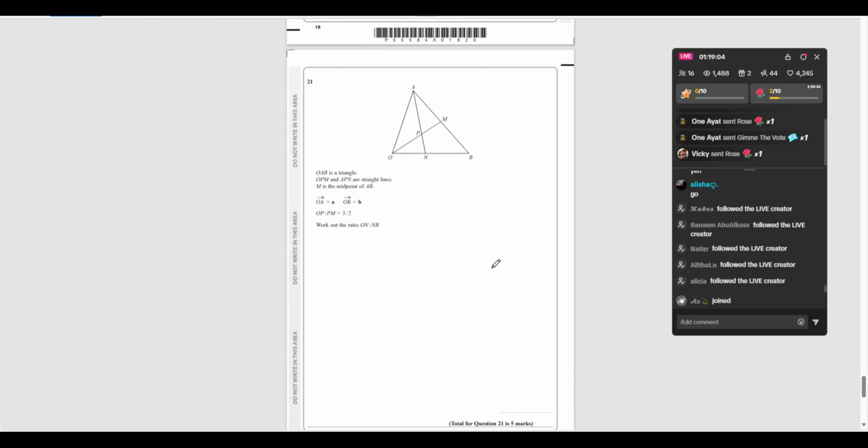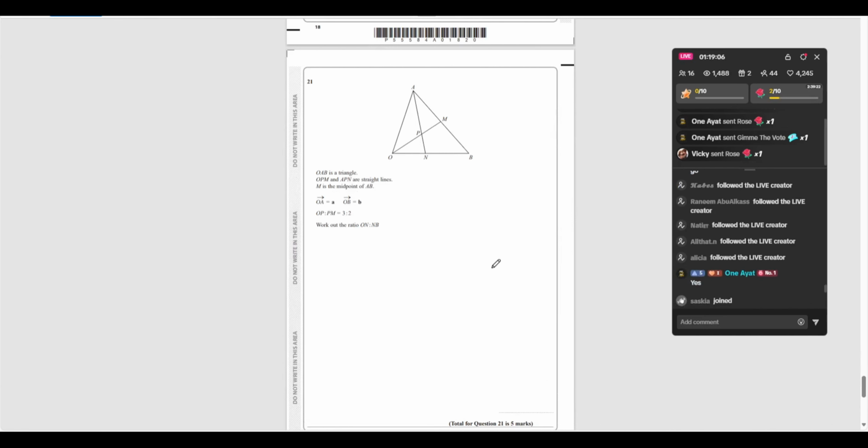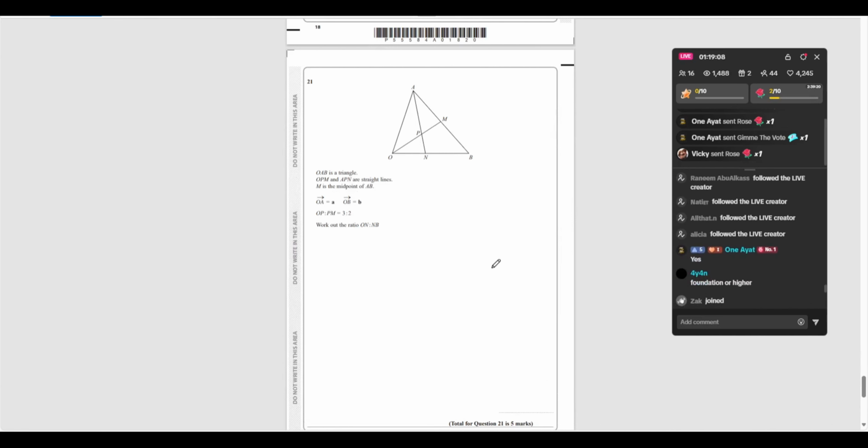Question number 21 is OAB is a triangle. OBM and ABN are straight lines. M is the midpoint of AB. O to A is equal to a and O to B is equal to b. The ratio is 3 to 2. Work out the ratio O to N to O to B. Now, I feel like we already did this type of question already.